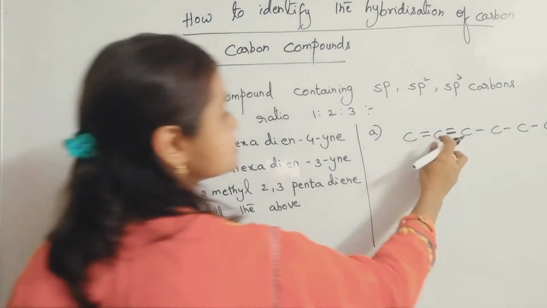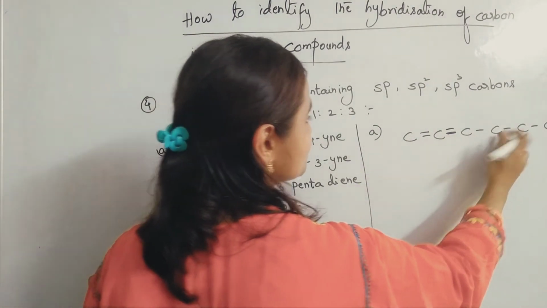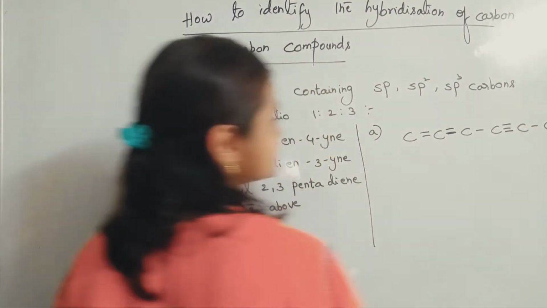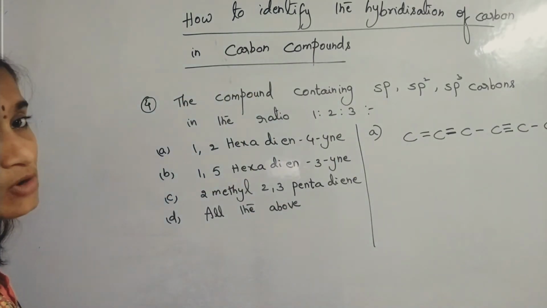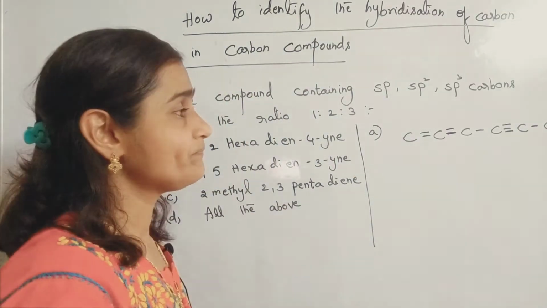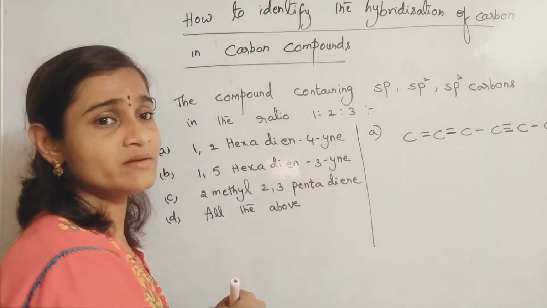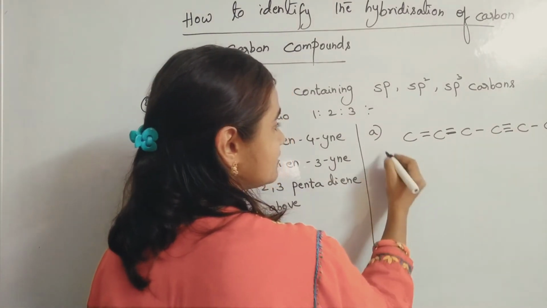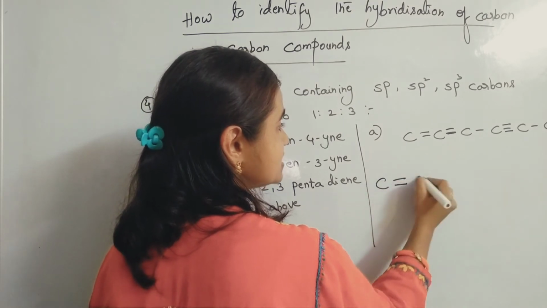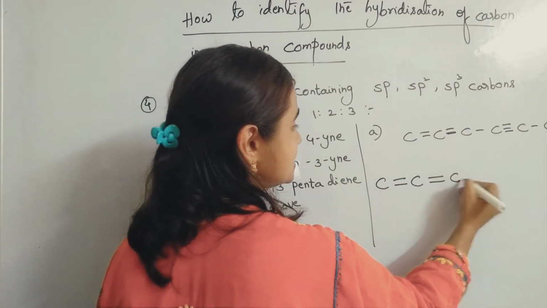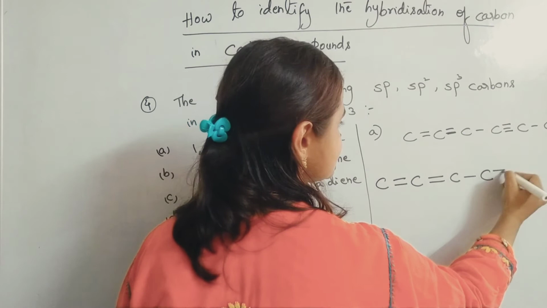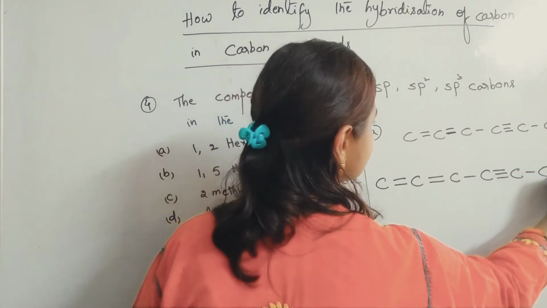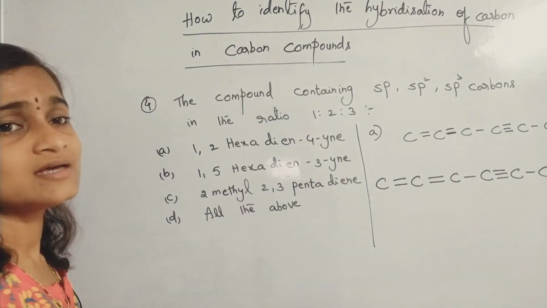And in the fourth position, this is third and this is fourth, the yne is there, so draw the triple bond over there. I think you can see the board. Again I'll draw: C double bond C, again double bond C, single bond C, triple bond C, single bond C. So this is your structure.